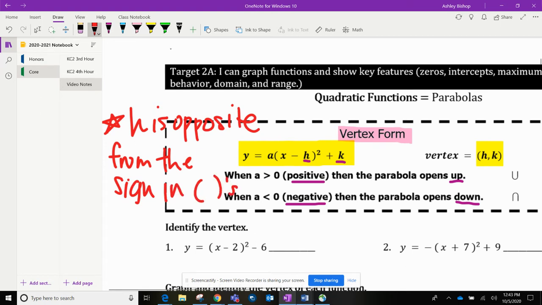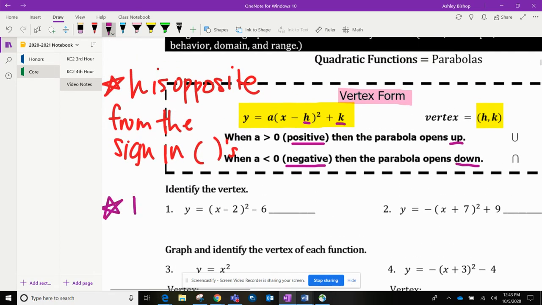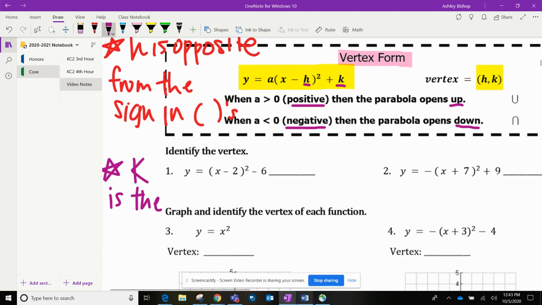So I drew this parentheses symbol. So when we pull H out, it's going to be the opposite from the sign in parentheses, which I will explain. Just write it. And for K, we're going to write ourselves a note. K is the same.